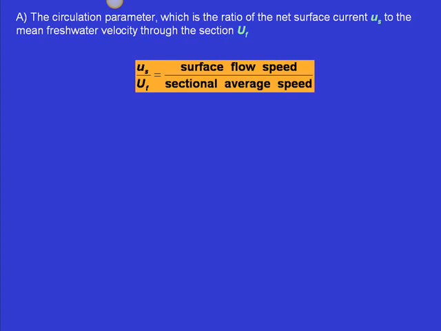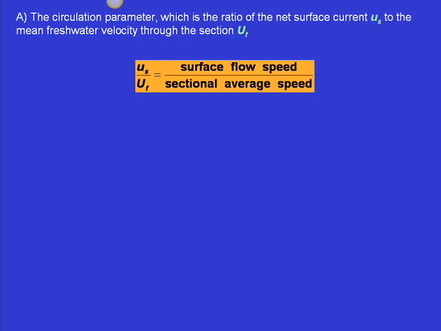So let's again put our classroom here in the estuary. This is the x direction. And imagine the surface flow going in that direction, positive, let's say. And what can we say about the sectional average speed, the average speed throughout the cross-section? Do you want it to be in the same direction as the surface, or in any other way?